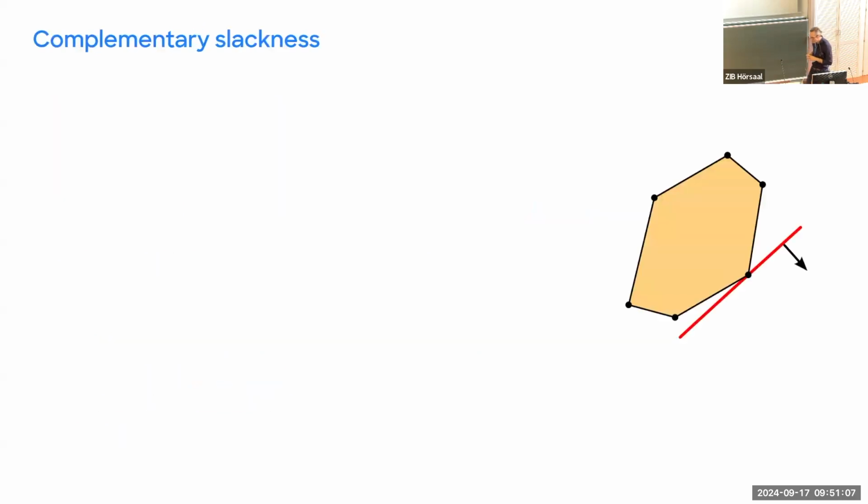Okay. Another important concept that relates these two problems is complementary slackness. And maybe to motivate this a bit, let's look at this picture here. Here we have the optimal solution at one uniquely determined vertex.